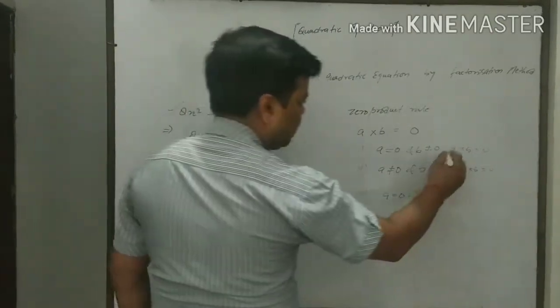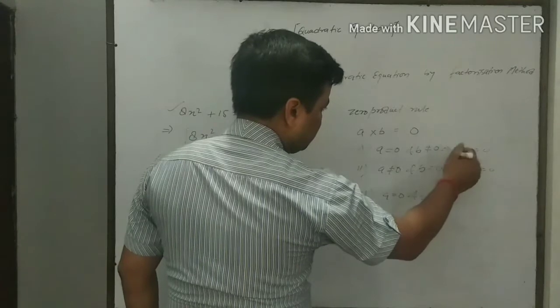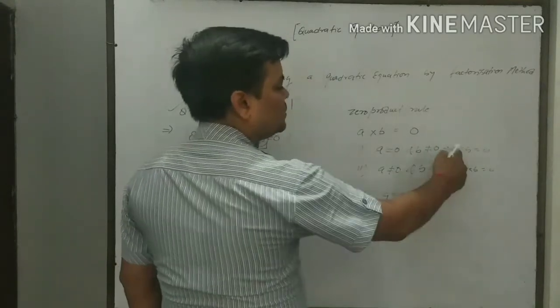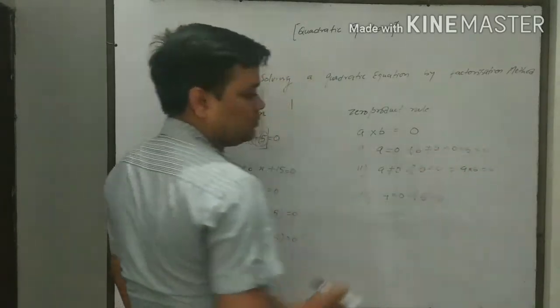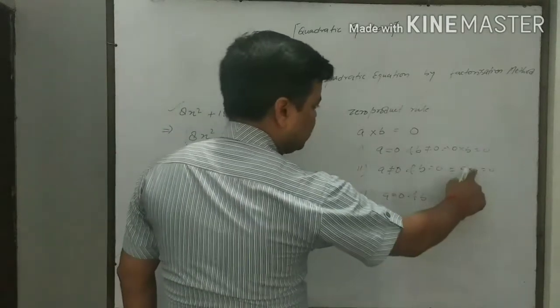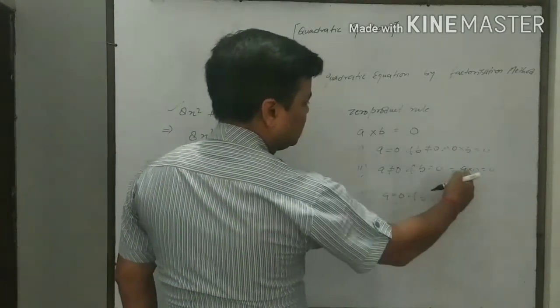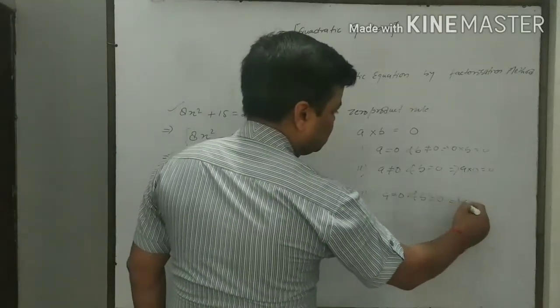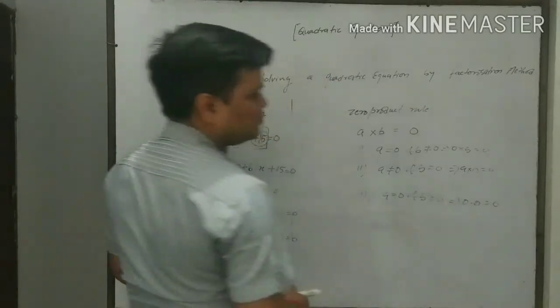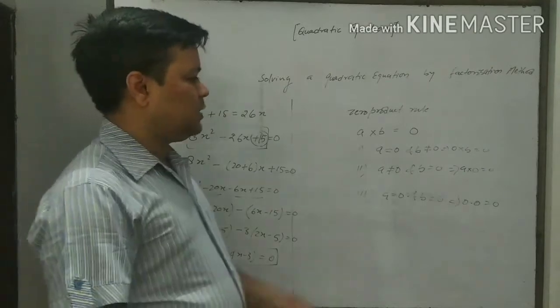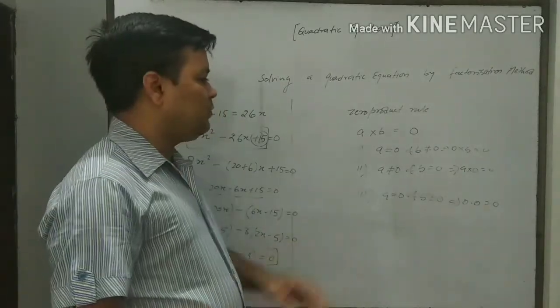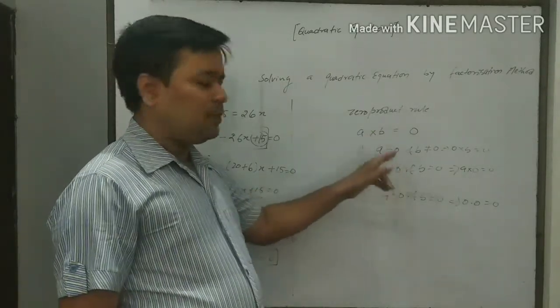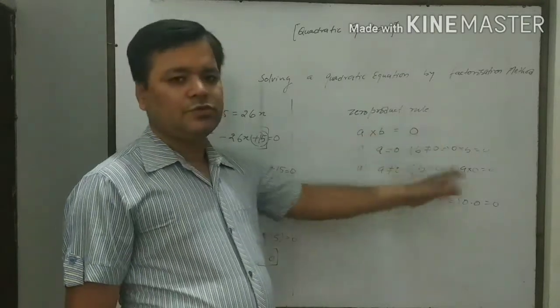Why? Because if this value is equal to 0, and 0 is multiplied to any value, it gives 0. Similarly, if b is equal to 0 and 0 is multiplied to any value, it gives 0. And here 0 is equal to 0. It means in all three cases, the value of the multiplication of a and b is equal to 0.